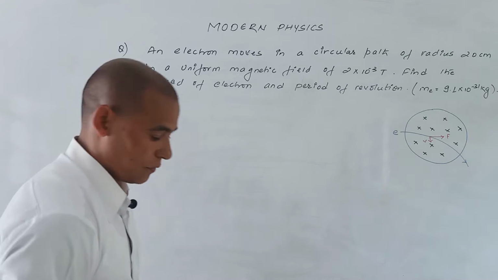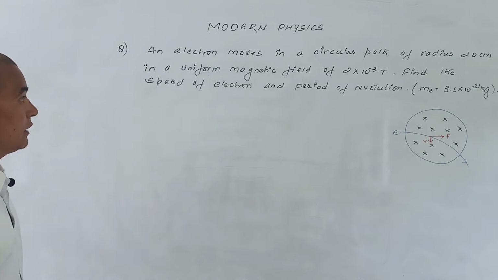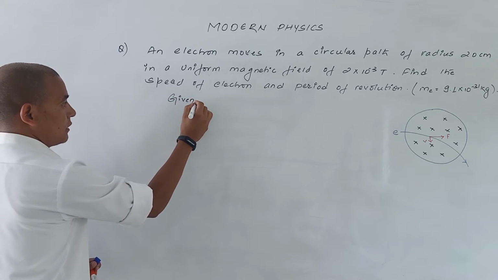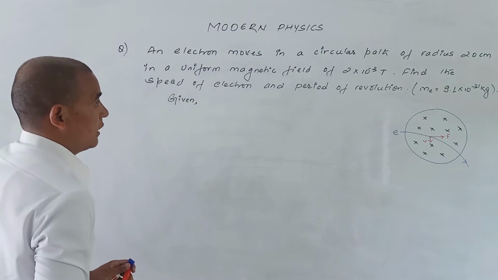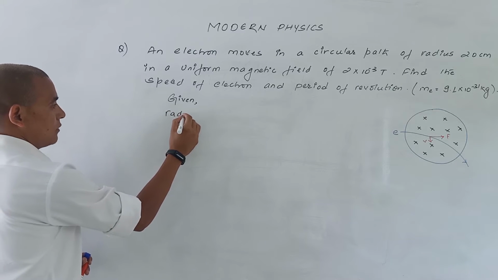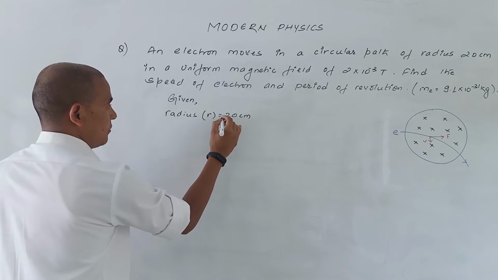First of all, let us write what is given in the question. The radius of the circular path is r = 20 centimeter.